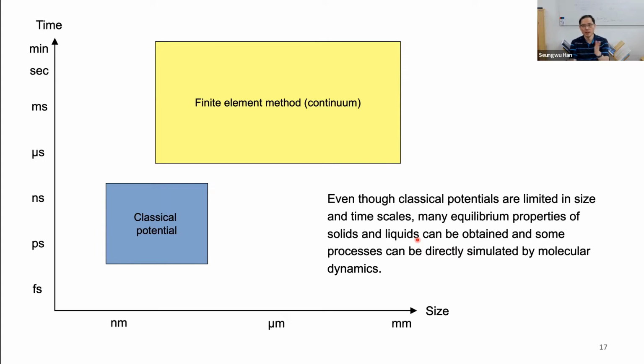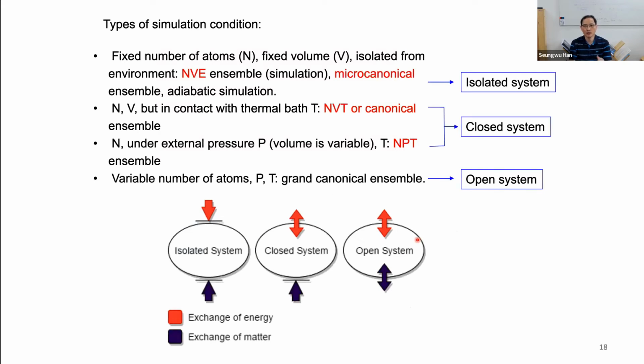Okay, then in the following slides, I will show you examples of classical simulation. But before I show you some examples, let me discuss the simulation condition. There are several different kinds of simulation condition.